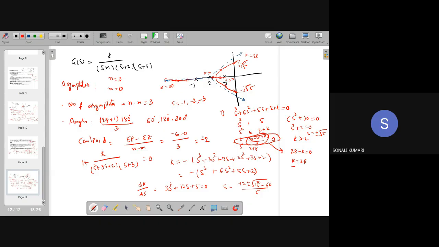How do you write there 0? The coefficient of s while finding the value of k. I'm not clear which one you are asking.